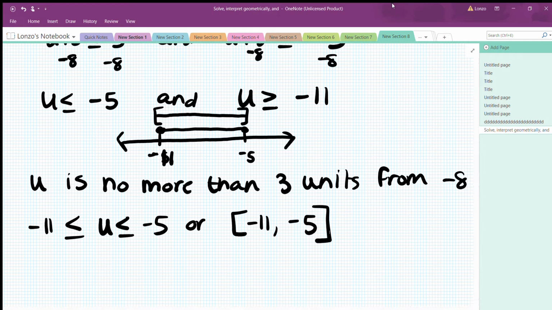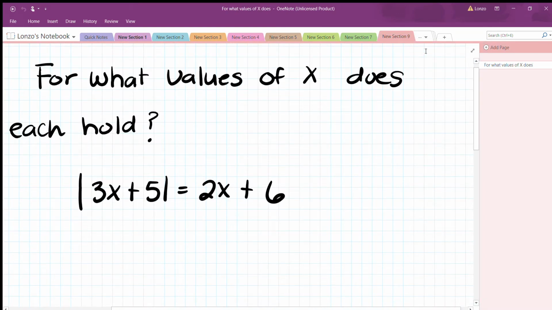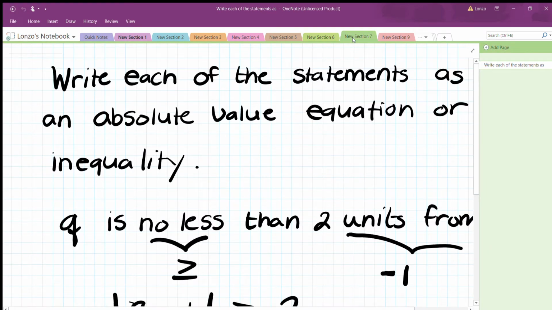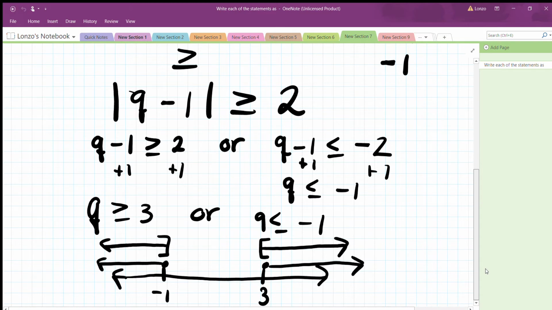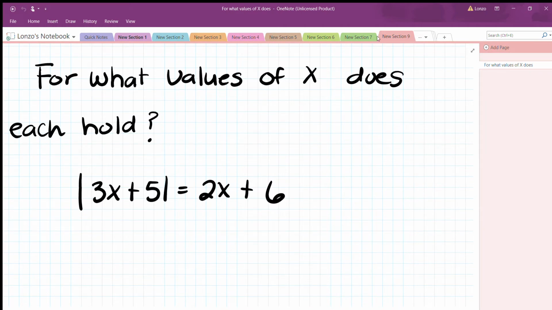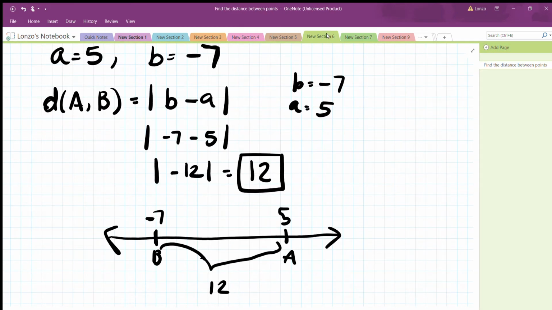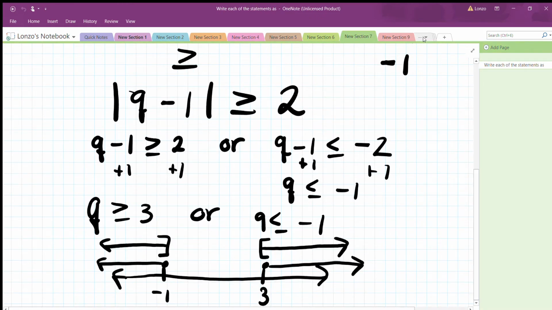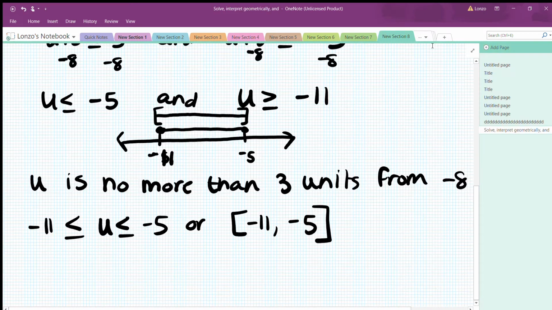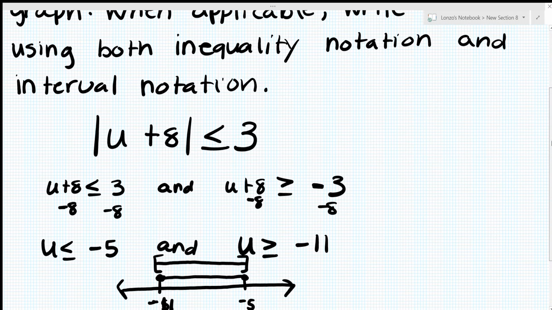Let's do some more. So let's do it right here because it's the same directions, but let's do a different problem.